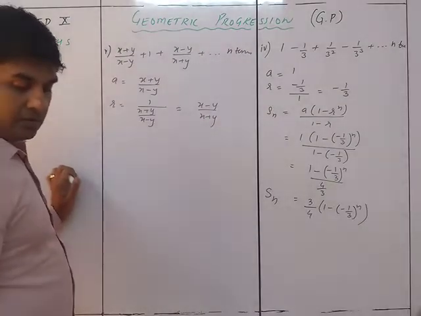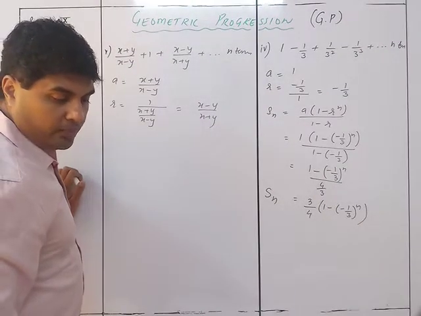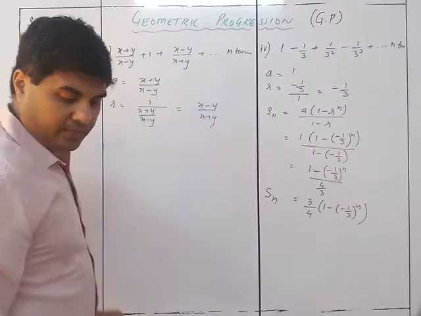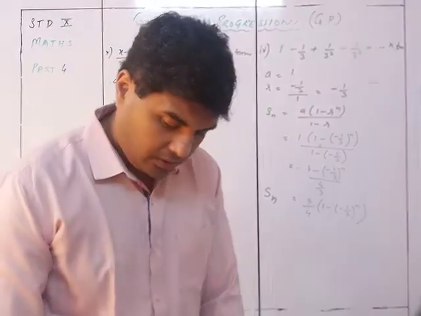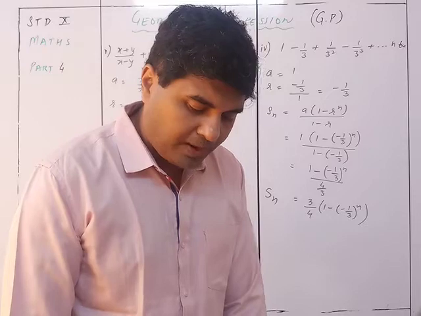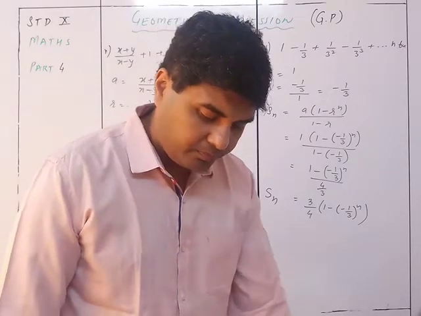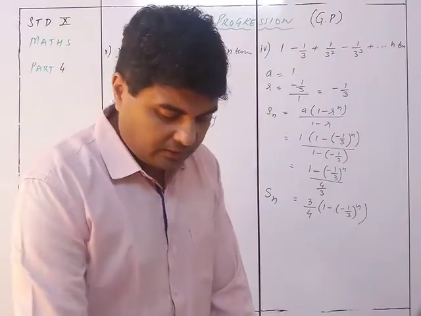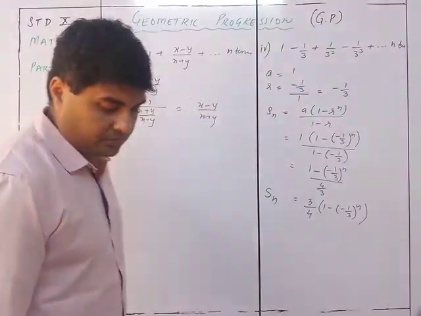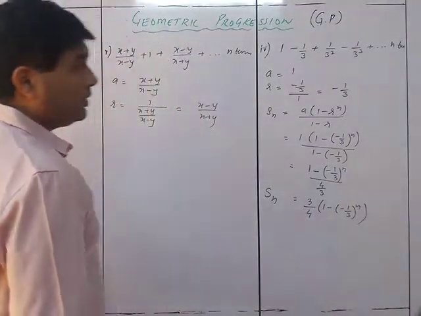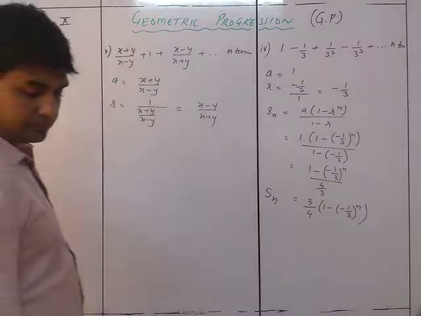Okay, so we take this over here, x plus y, and now you can see it is on the positive side because it is increasing order. So we take this as 1 minus r.